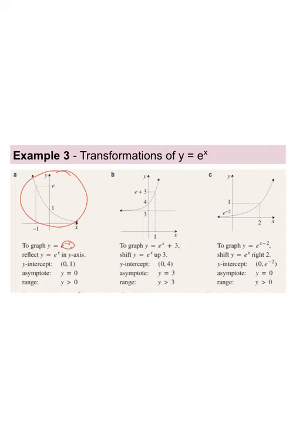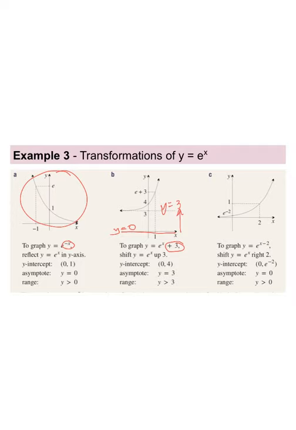If we're going to sketch e to the x plus 3, adding this constant of 3 onto the end of our function will essentially move our function y equals e to the x up 3 units. So previously we had an asymptote along the x-axis, or in other words, where y is equal to 0. Now our new asymptote is up here at y equals 3.